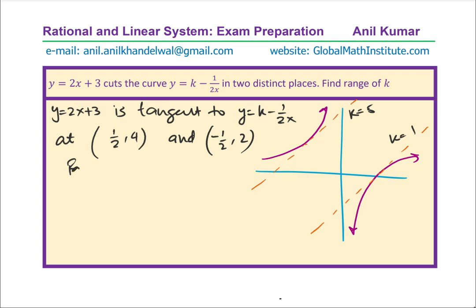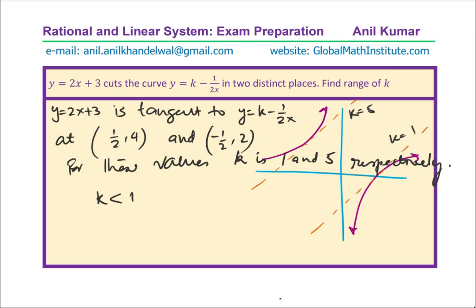So for these values, k is 1 and 5 respectively. You get the idea. And therefore, the value of k is not between this interval, right? So either it is less than 1 or it is greater than 5.